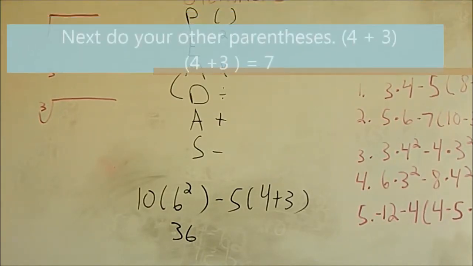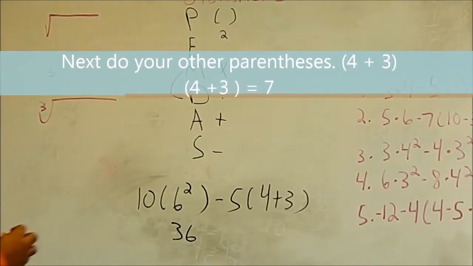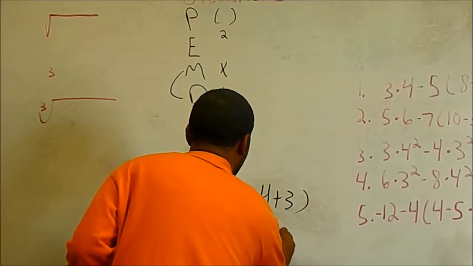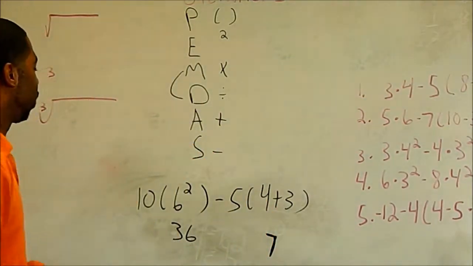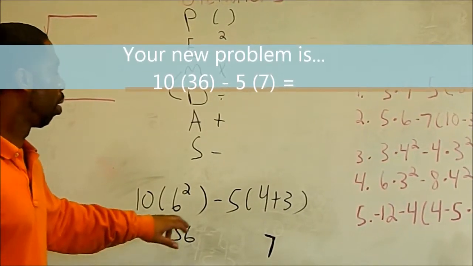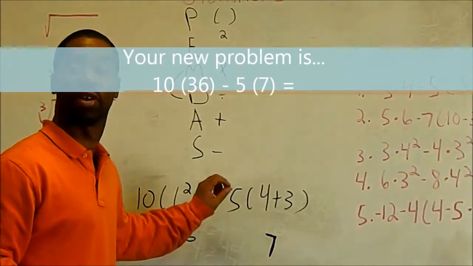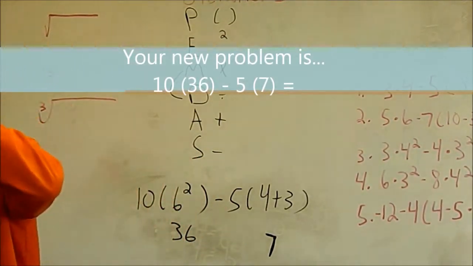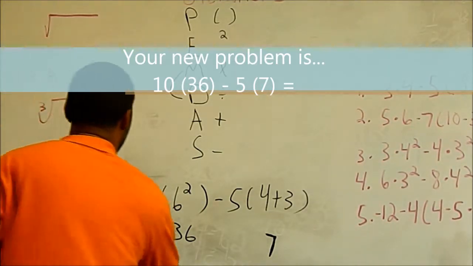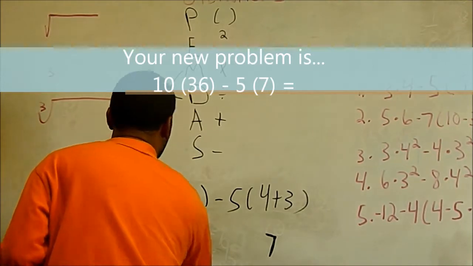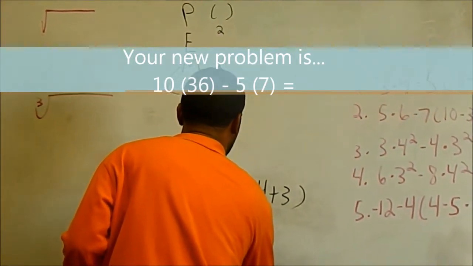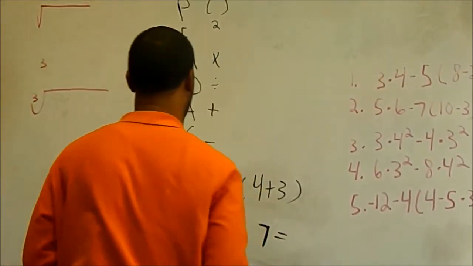And what's 4 plus 3? 7. So now here's my new problem. 10 times 36 minus 5 times 7.